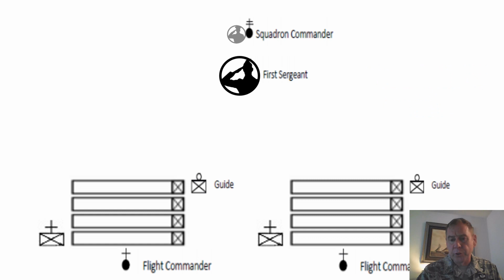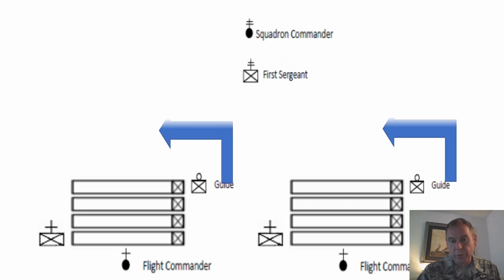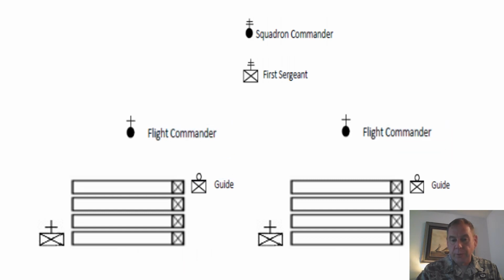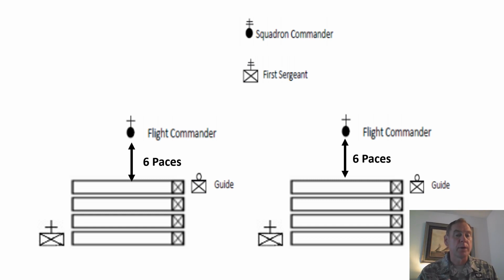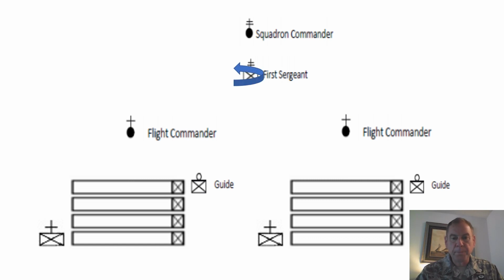After the first sergeant drops his salute, the flight commanders will move into position, and they are 6 paces in front of the flights. Again, remember, the flight sergeants are only 3 paces. The first sergeant does an about face and then marches off, positioning him or herself to the back left of the formation.